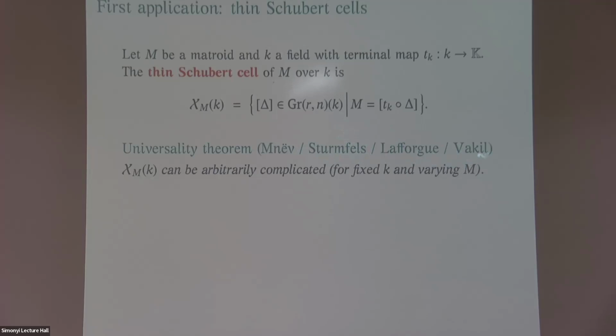And Vakil used the statement to give this a concise meaning by saying that all kinds of singularities can occur. Nef, Sturmfels and Lafforgue talked about certain equivalences between schemes, and every equivalence class is hit by a Schubert cell. By complicated, they mean different things.